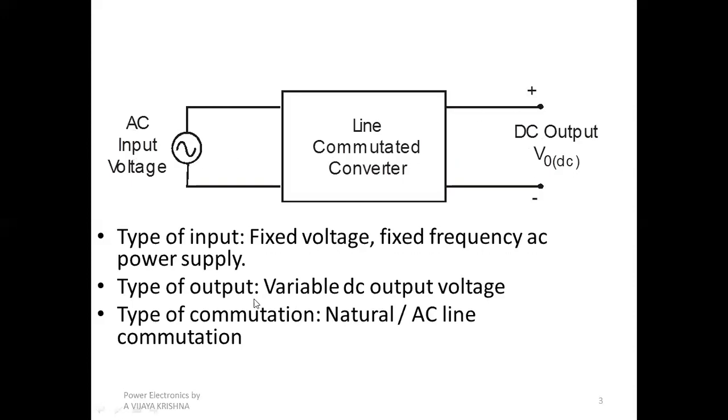Next, the type of input: a fixed voltage, fixed frequency AC power supply is given. Here, what about the output we are getting? The output is DC, a constant voltage, but here we are also getting a variable DC output voltage.